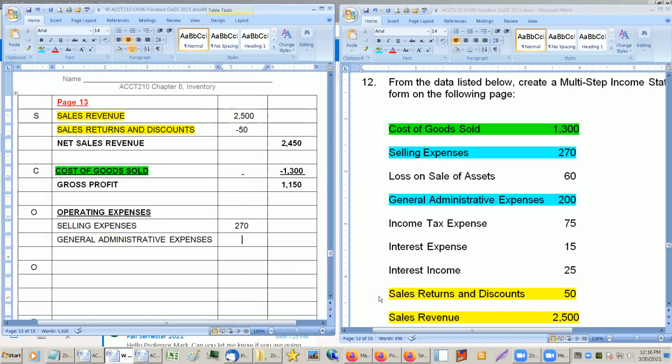All right, 200. So this will be our total operating expenses.